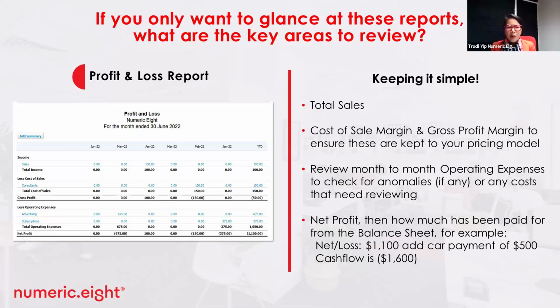As I've just given you an example, if you've got a net loss in this example of $1,100, add a car payment of $500, your cash flow is a negative $1,600. Hopefully that helps you with understanding a P&L and what the key things are to look at. So your total income, your gross profit, and your net profit: 3 numbers. Let's go to your balance sheet.